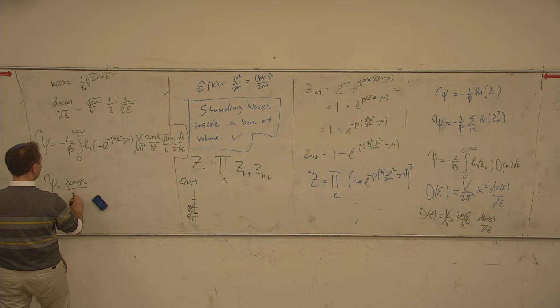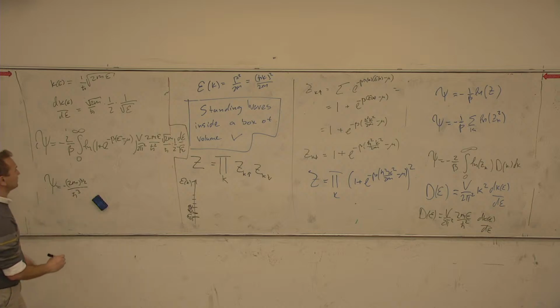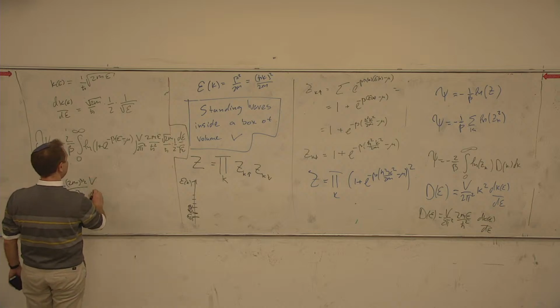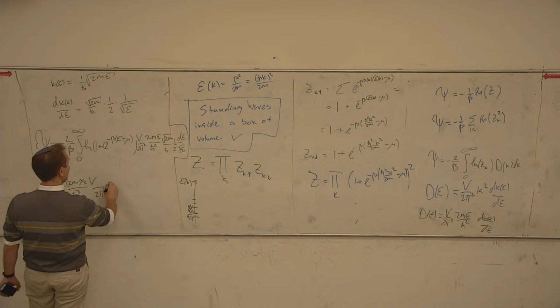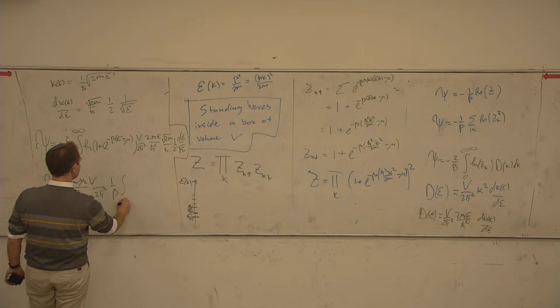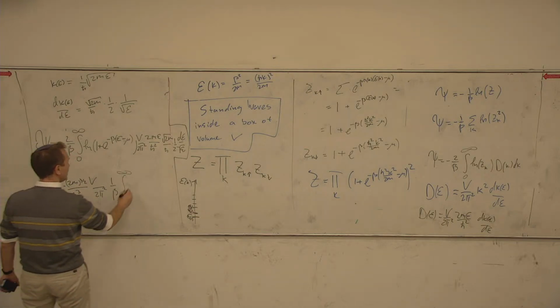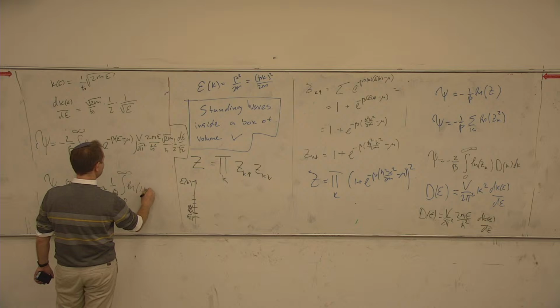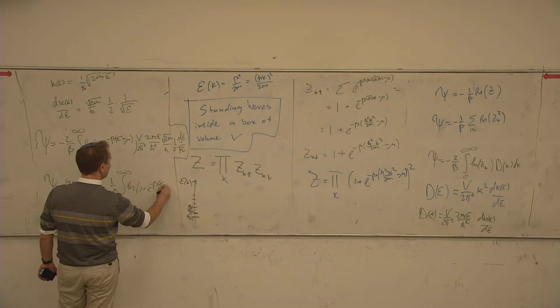We have h bar to the third power. We have v, we have 2 pi squared. We have 1 over beta, an integral from 0 to infinity of a log of 1 plus e to the power minus beta, epsilon minus mu.